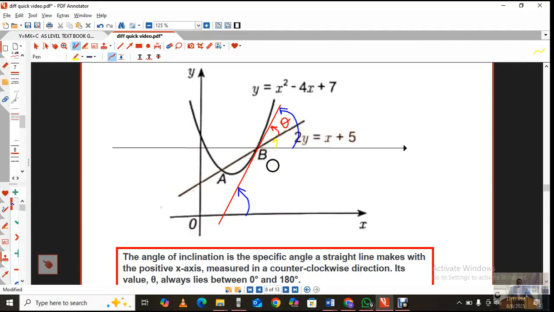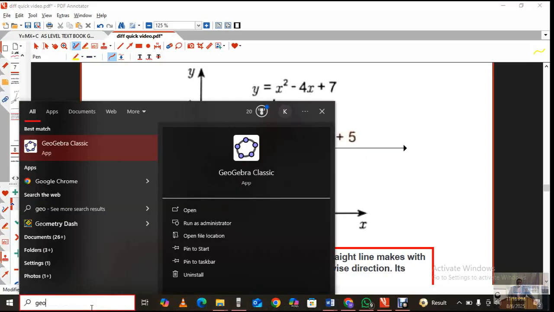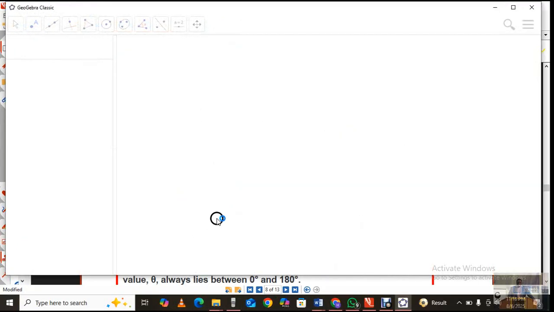Again, I'll use software just to explain the concept to you. I'm using GeoGebra, or you can use Desmos if you are familiar with it. There's nothing wrong with that. Just to show you on the software what we mean.